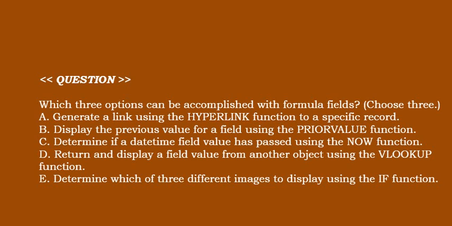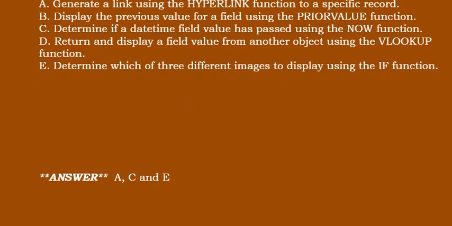Option D. Return and display a field value from another object using the VLOOKUP function. Option E. Determine which of three different images to display using the IF function. Correct answer is option A, C and option E.